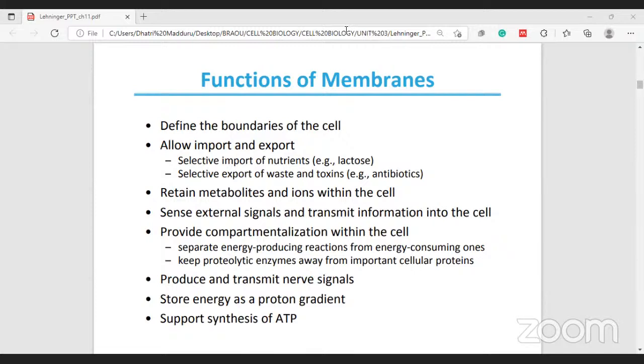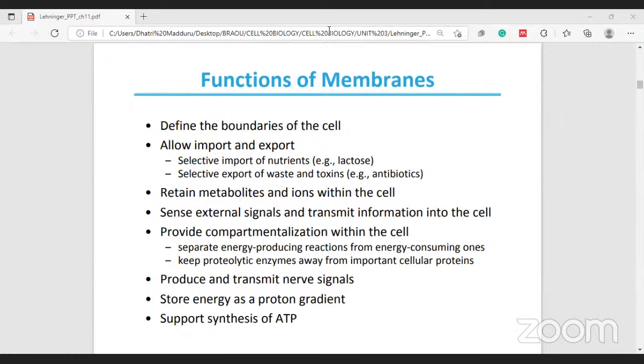So that's what, we have to compartmentalize the cell or organelles. A clear distinction is important. They separate energy producing reactions from energy consuming ones and keep proteolytic enzymes away from the important cellular proteins. So what happens? In our cell, we have proteolytic enzymes.